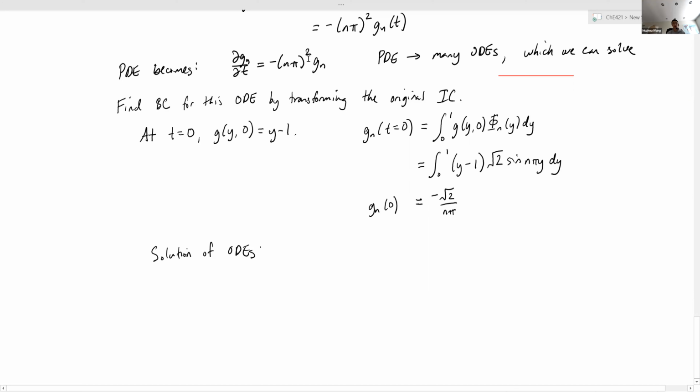So we multiply both sides by dt and then divide by gn and then integrate both sides, right? So we have dgn over gn times negative n pi squared dt. And we're going to integrate both sides.